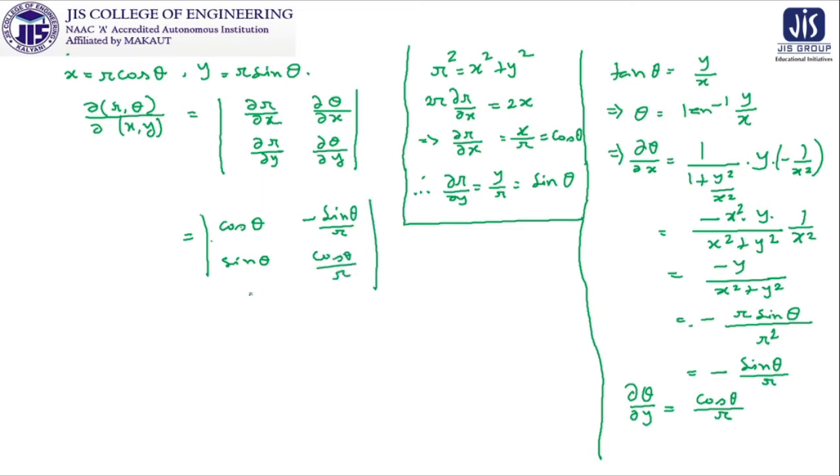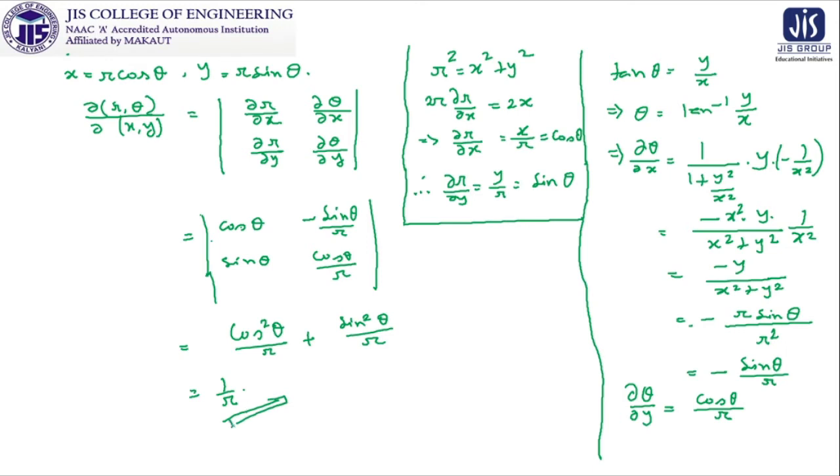Now nothing left basically. Our job is to find out the determinant value of this. So cos square theta by r minus minus sin square theta by r, that is cos square theta by r plus sin square theta by r. If you take 1 by r common, it will be cos square theta plus sin square theta, which is 1. Finally you get the answer as 1 by r.